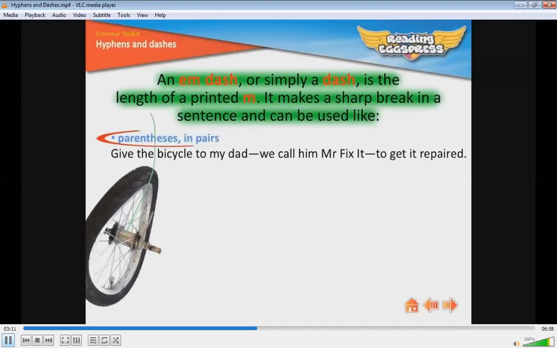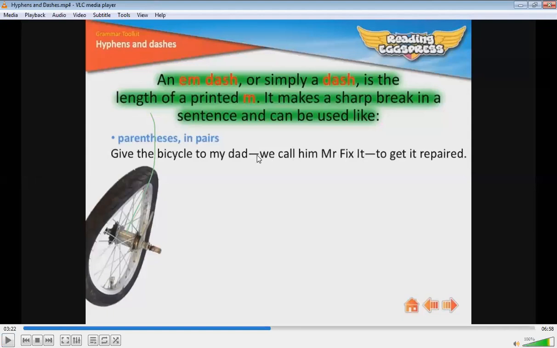So for example: give the bicycle to my dad, dash, we call him Mr. Fix-It, dash. Look at that one. What is between the two M dashes? Just extra information. I can read the sentence: give the bicycle to my dad to get it repaired. Yes or no? So here, the M dash is adding extra information.